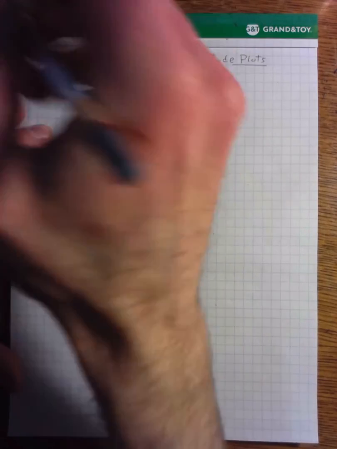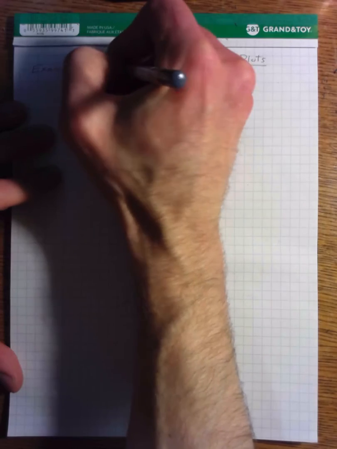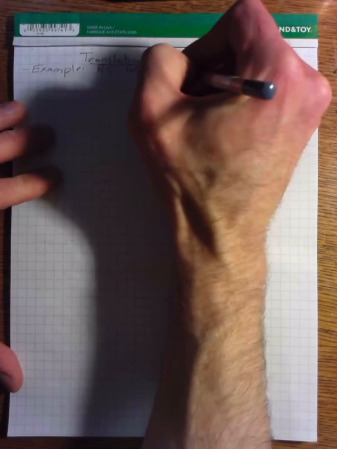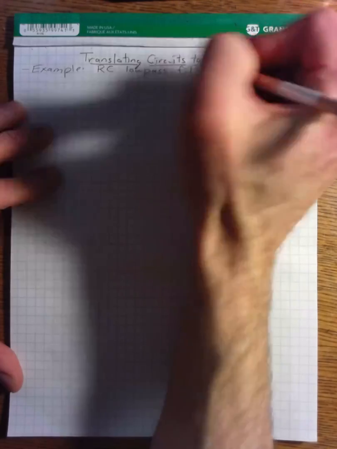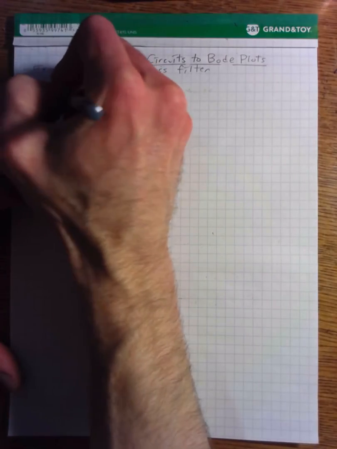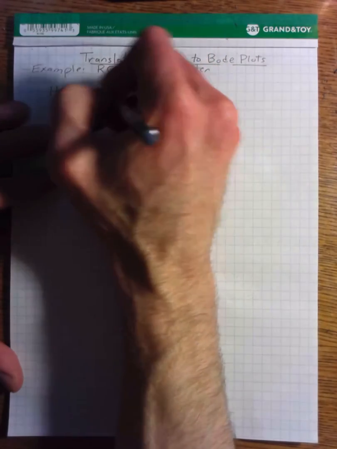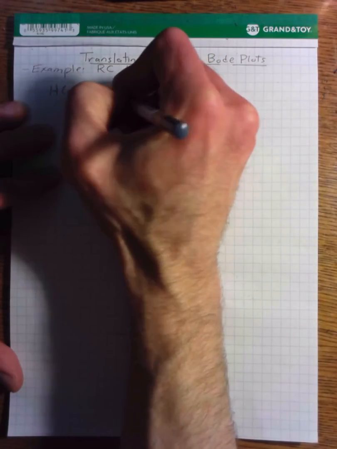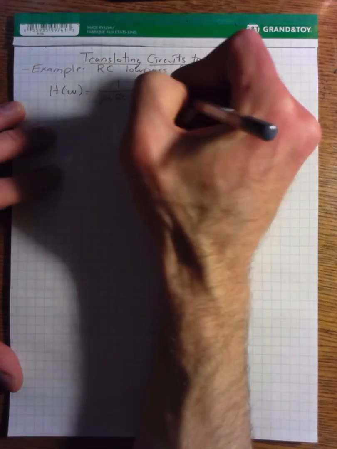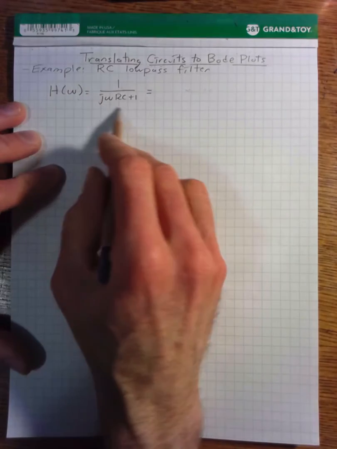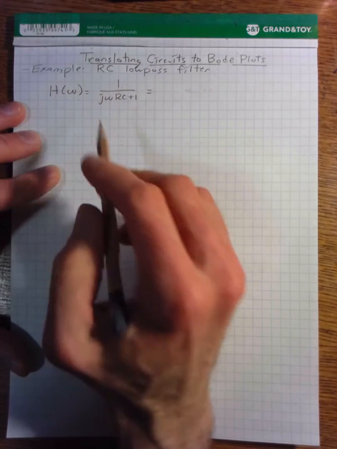is our now very familiar RC low-pass filter. And we know our transfer function H(omega) is equal to 1 over j omega RC plus 1. And in this case, we just have one simple pole, no zeros.